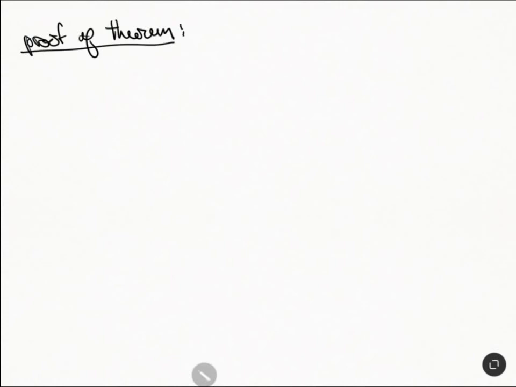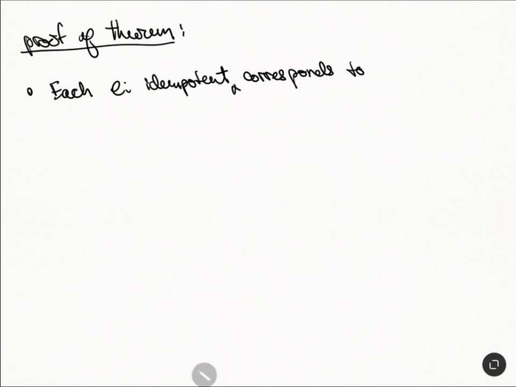Each of the idempotents that we had in that semi-simplification corresponds to a component of kappa of R. We're going to take a basis of the idempotents, so it corresponds to a component of kappa of R, call it k of p_i.